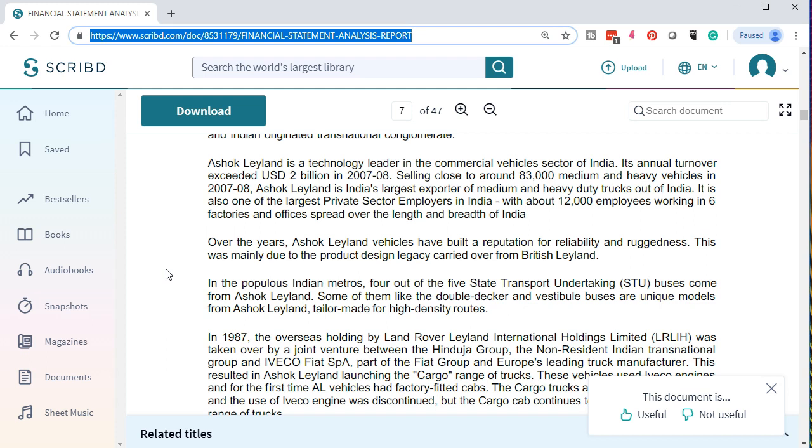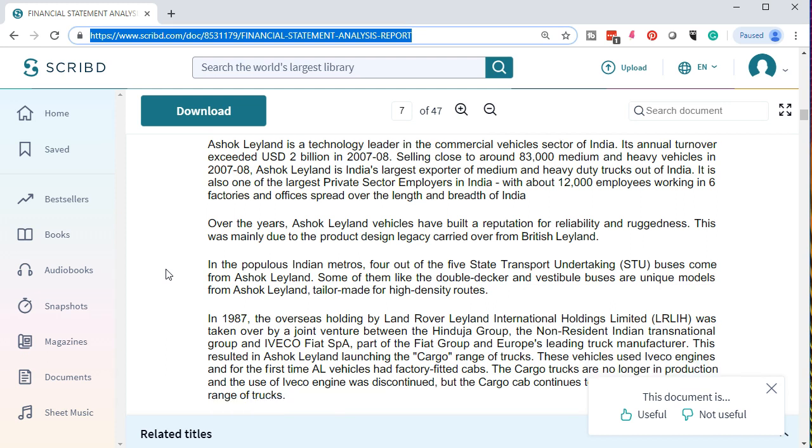Ashok Leyland is India's largest exporter of medium and heavy duty trucks. It is also one of the largest private sector employers in India, with about 12,000 employees reporting in 6 factories and offices spread over the length and breadth of India.